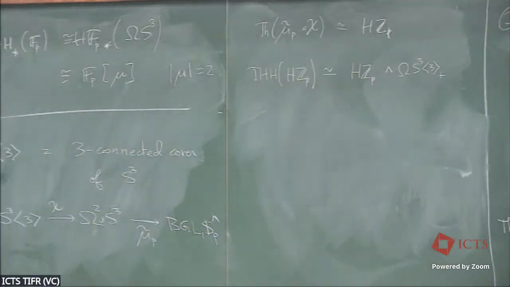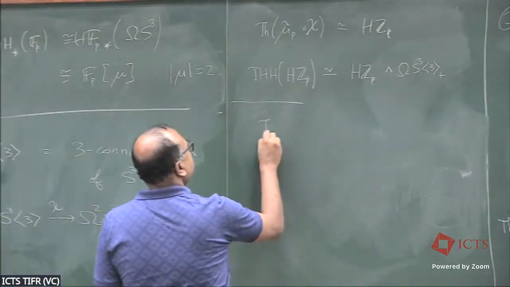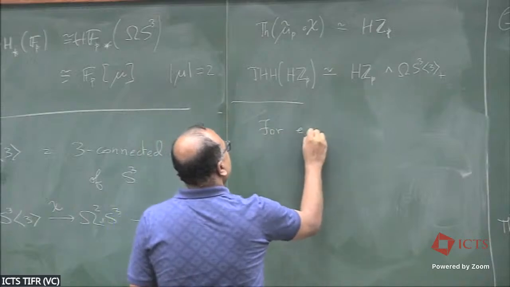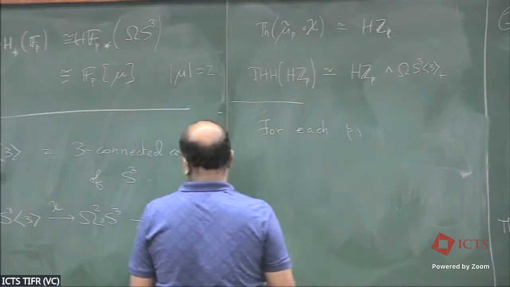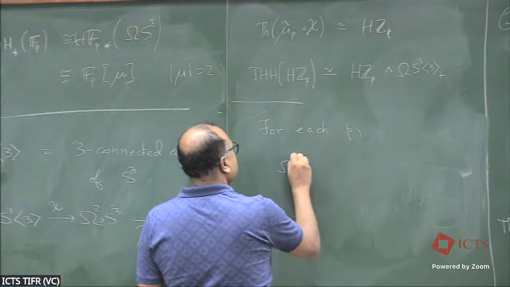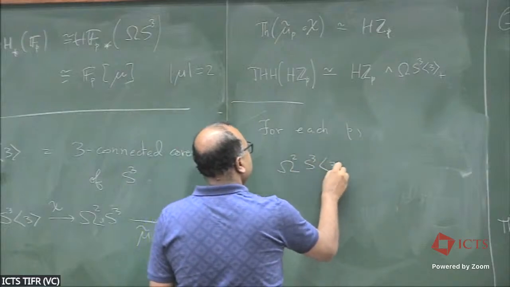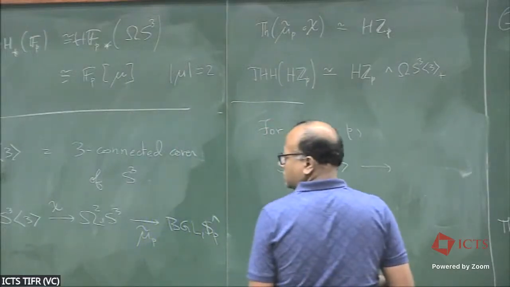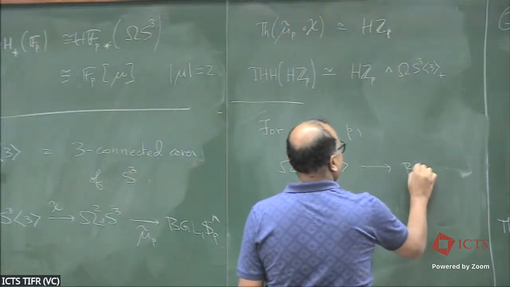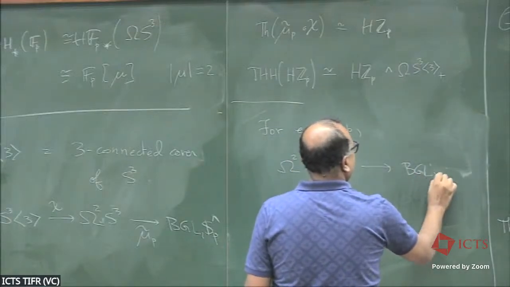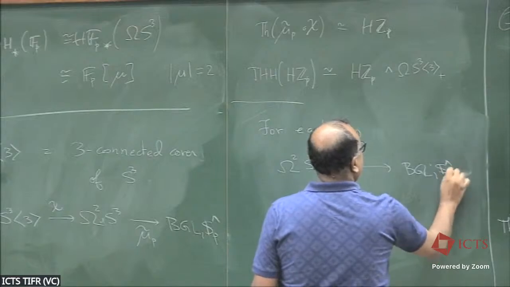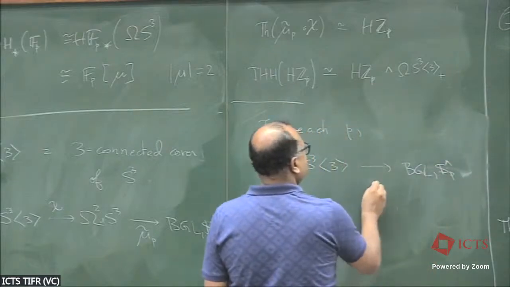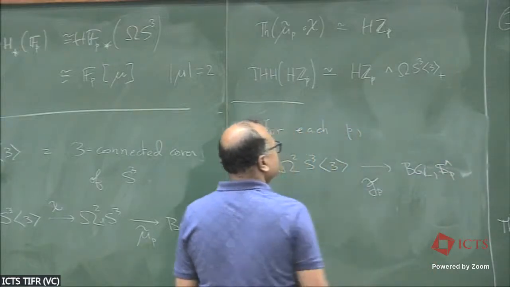Well, for each prime P, you have these maps omega 2 S3<3> to BGL1 SP, and let's call this some G_P tilde.